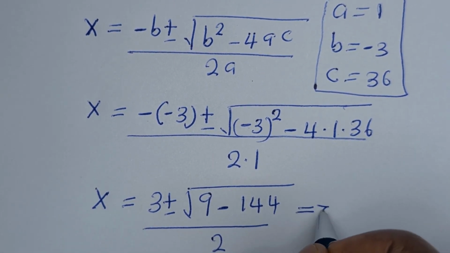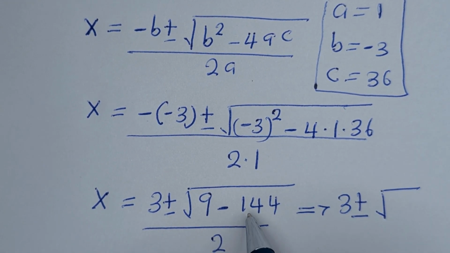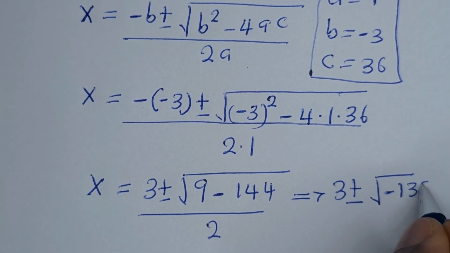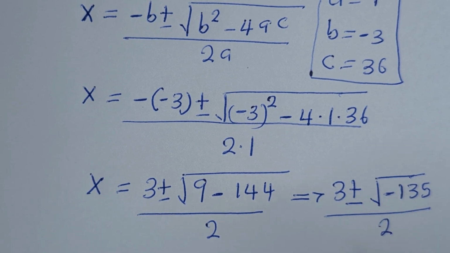And this is the same thing as 3 plus or minus square root of 9 minus 144, that is minus 135, over 2.